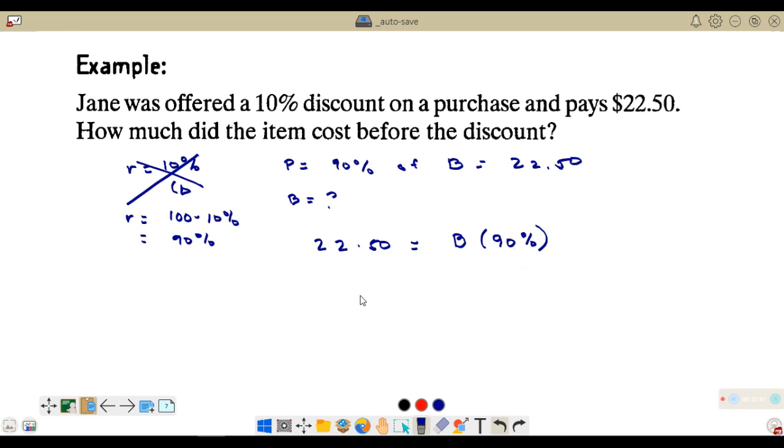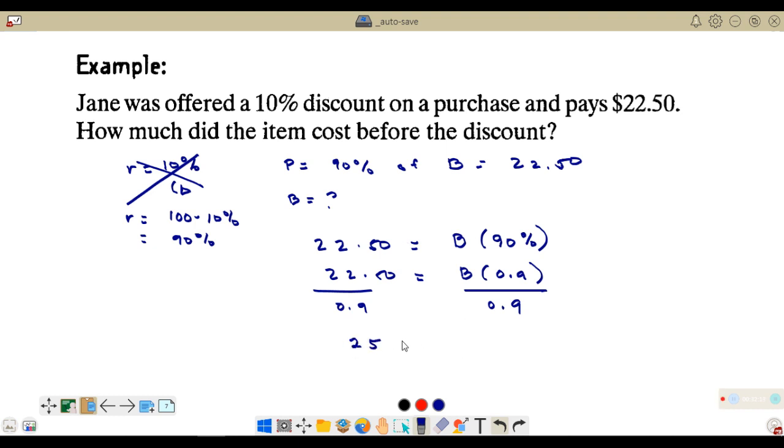Okay? So, dito, we have 22.50 is equal to B times 0.9. So, to get the value of B, we have to divide both sides by 0.9. So, magkano yung original na value? Dapat mas malaki to dun sa 22.50 ha. Yun ang ina-expect natin. So, 22.50 divided by 0.9 is equal to 25.